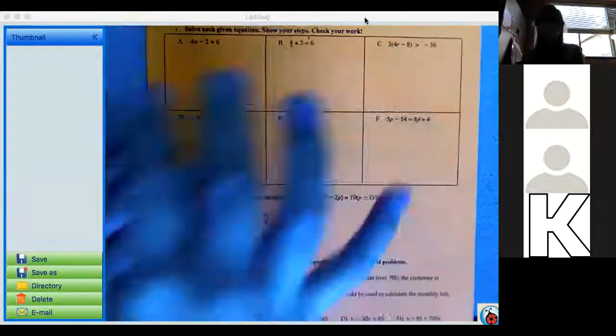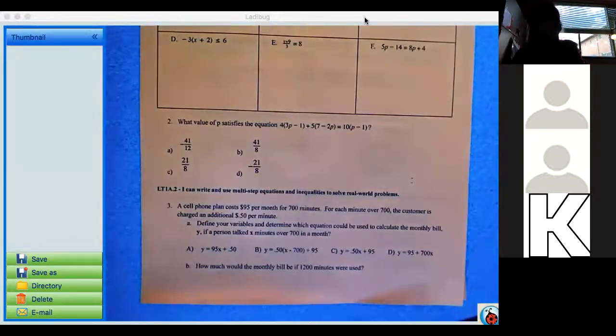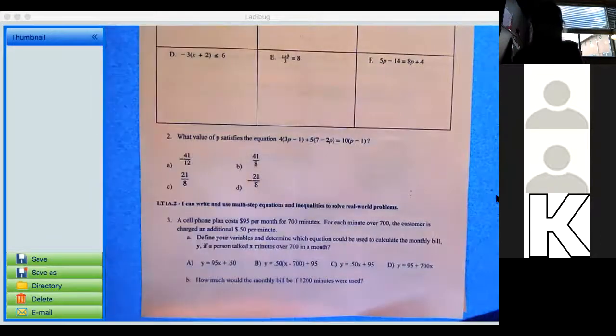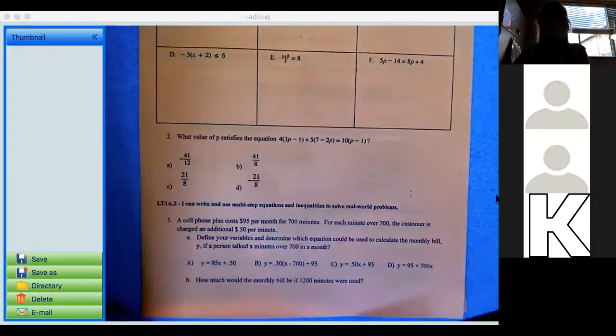Which ones do y'all need me to do off of the front page? I feel like I need to do number 3 because probably about half of you got B wrong. So can I do number 3?